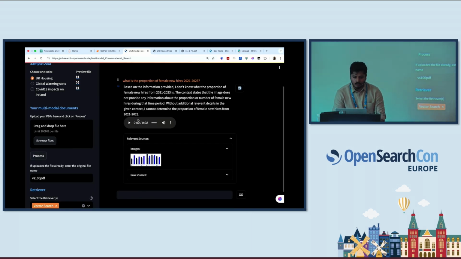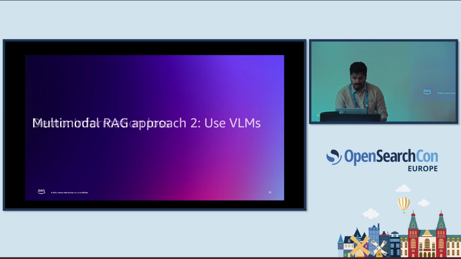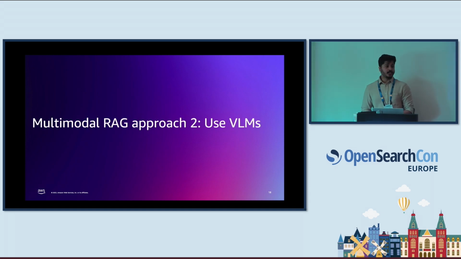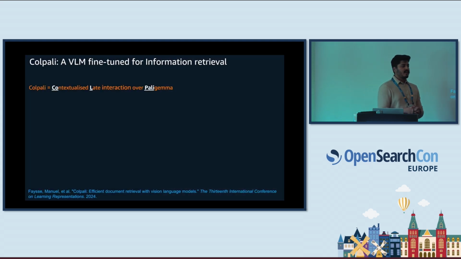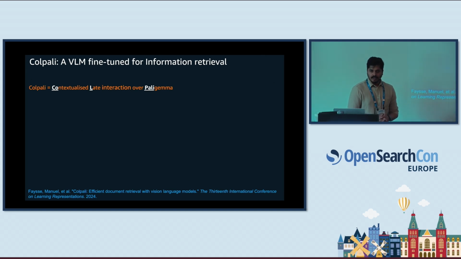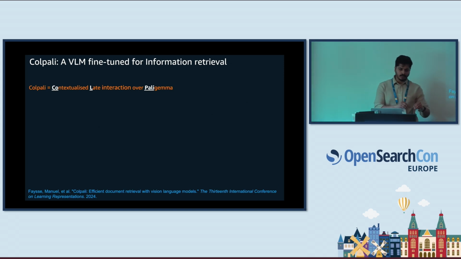So let's see how we can overcome this with approach two, which is using vision language models. That's where we got a new model called ColPali, which was released last year. ColPali is a vision language model fine-tuned for the information retrieval use case.